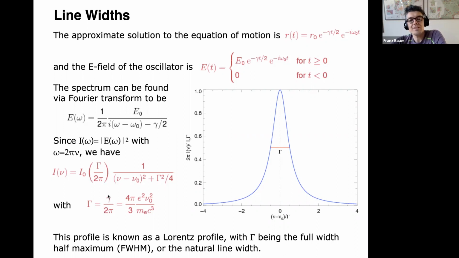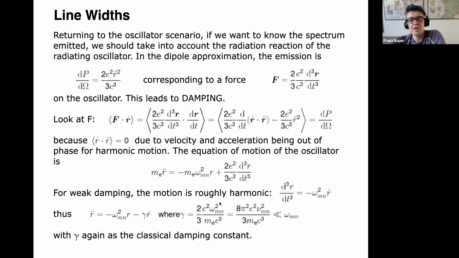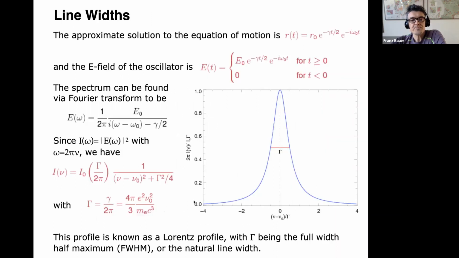And so we can plug in our values here. Oops, coming back here, we can plug in our values for this, but now in terms of the transition frequency here. So that's this extra normalization. And then we have our frequency dependence, which looks like this.